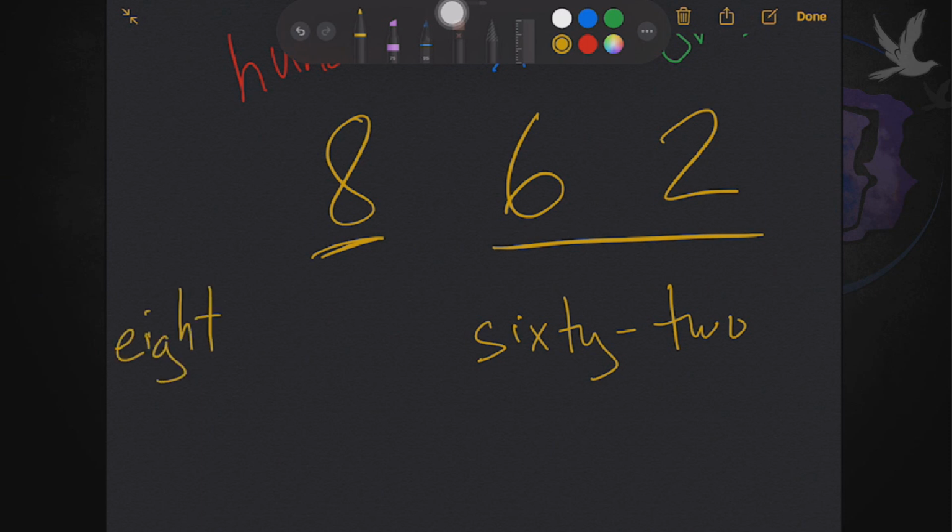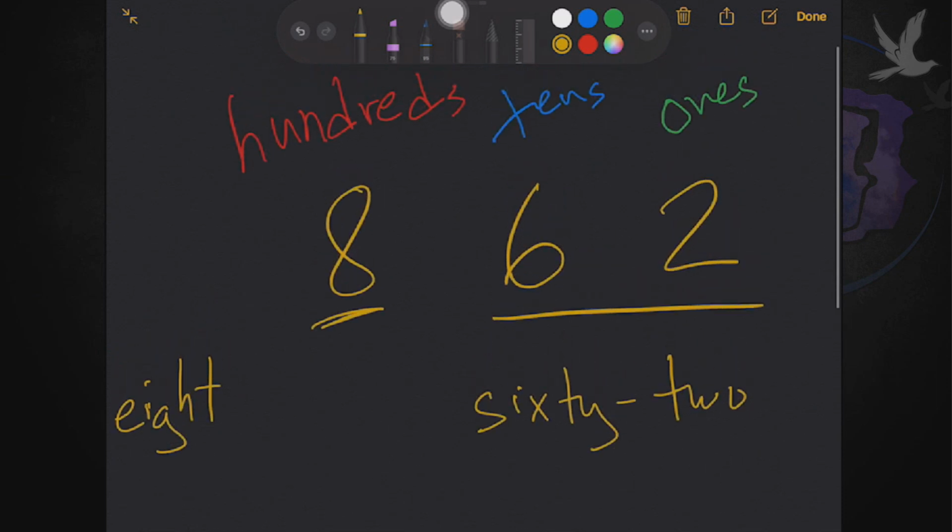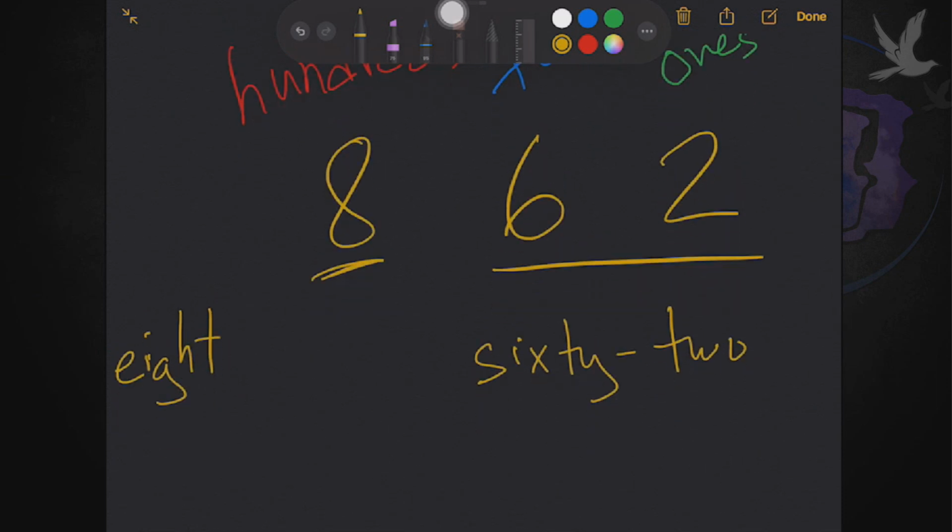Please try to master the spelling of eight because most students tend to misspell the number eight. Some of them interchange the H and T and write T and H instead. So eight, and since it belongs to the hundreds place, all you have to do is just write hundred. And that is it.